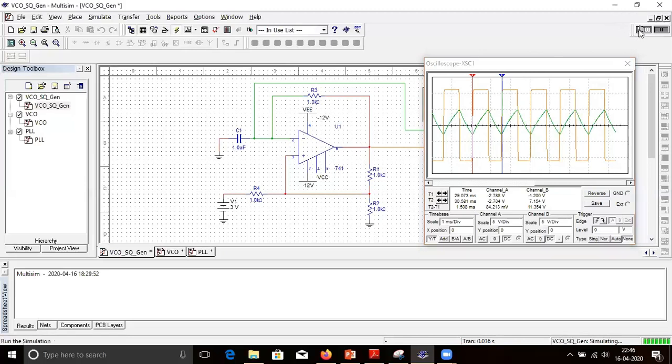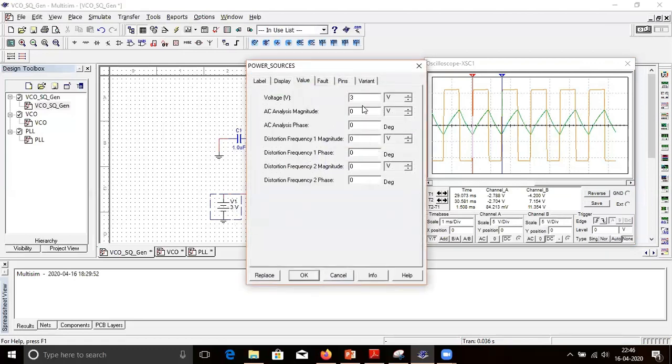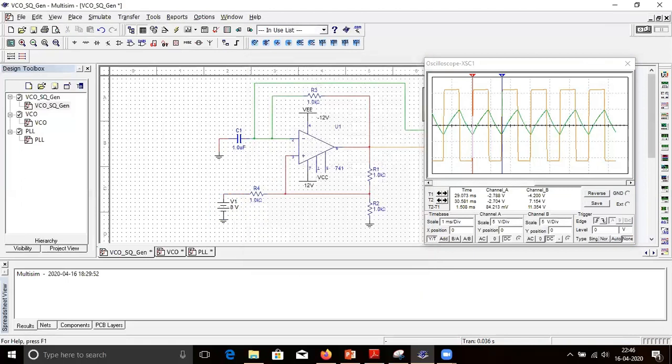Let us stop the simulation and now increase this voltage. So instead of 3 volts, now suppose I am applying say 7 volts or 8 volts, and again simulate to see the effect. So notice here the time period was 1.5 milliseconds.